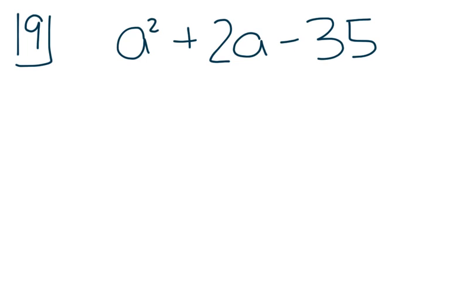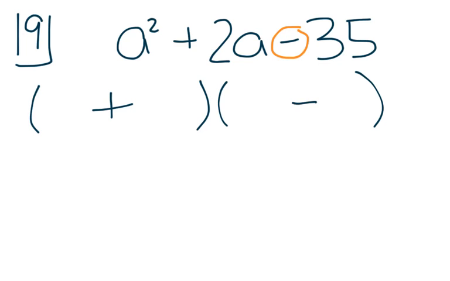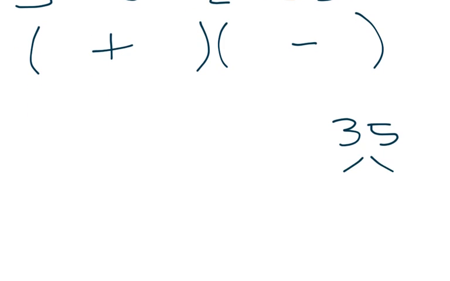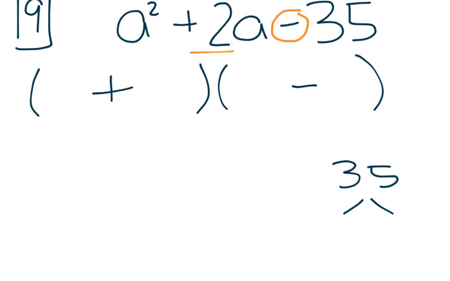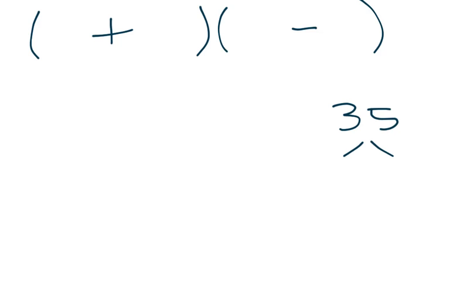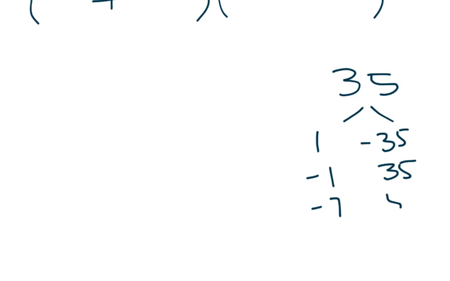So for number 19, we have a squared plus 2a minus 35. So what it means when we have a minus as the last sign is that we have one positive number and one negative number. So we have one plus and one minus. So we're looking for two numbers, one positive and one negative, but when you add them, they equal positive 2. So let's see, we have 1 and negative 35, negative 1 and positive 35, negative 7 and positive 5, and positive 7 and negative 5.